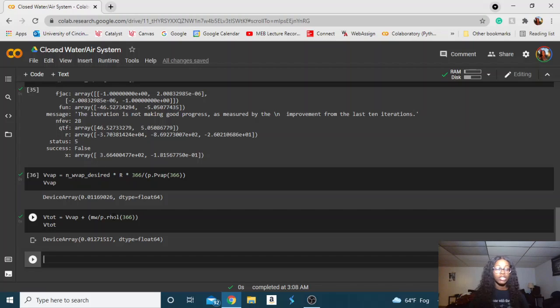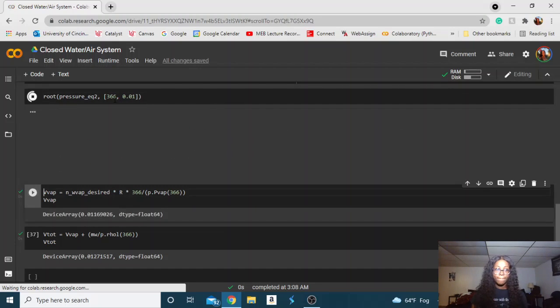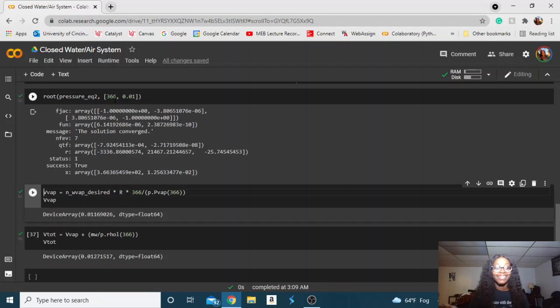It's not that big of a change from the volume of the vapor phase, but we are fine with that, and we can go ahead and change our guesses to 366 and 0.01. And thankfully, this time around, it worked. All we had to do was work out a couple of kinks, but our success is true.